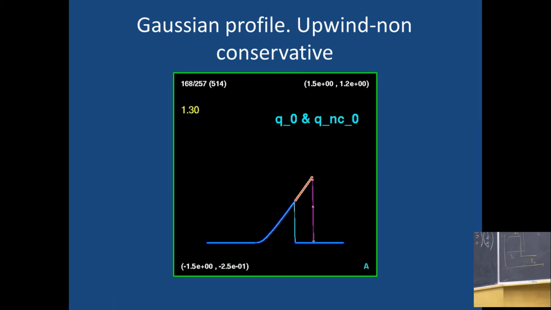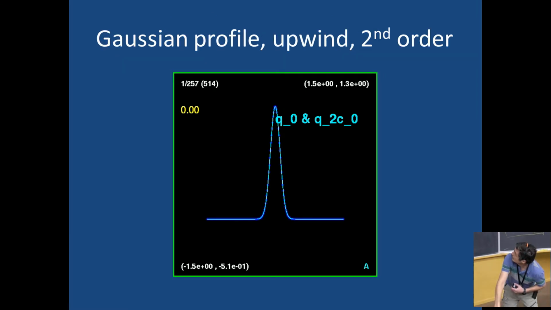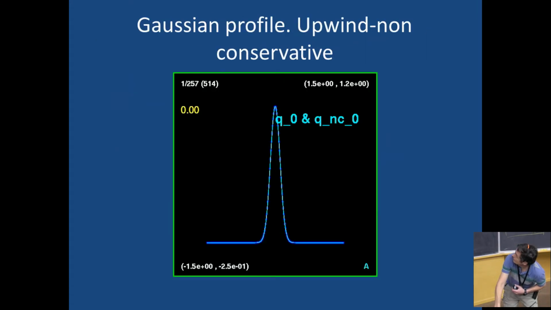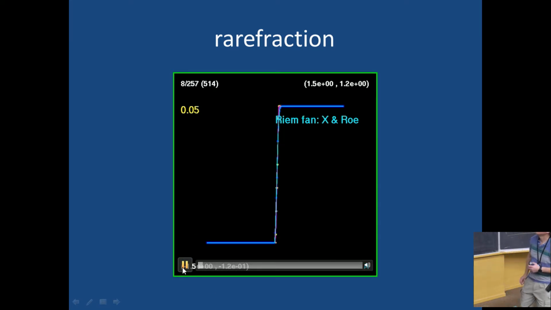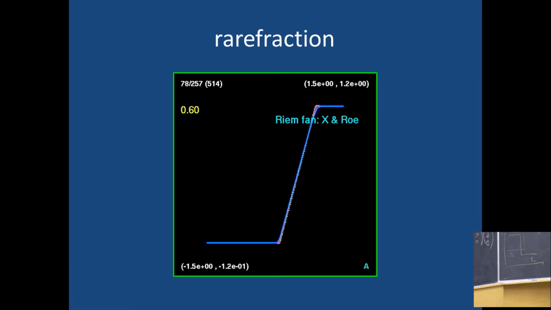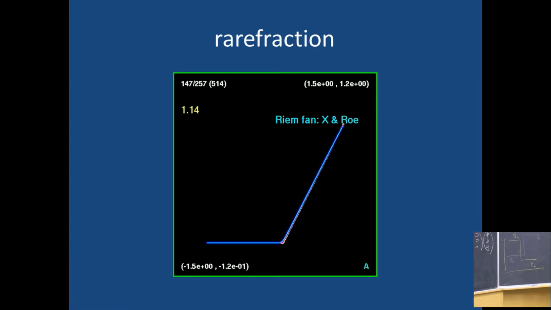So the red is the true solution, and the blue is the approximate. And we have boundary conditions so that everything that gets to the right just leaves the domain. So again, this Roe solver is doing a pretty good job compared with the true solution.